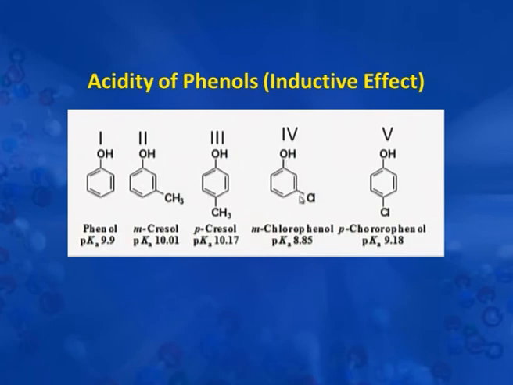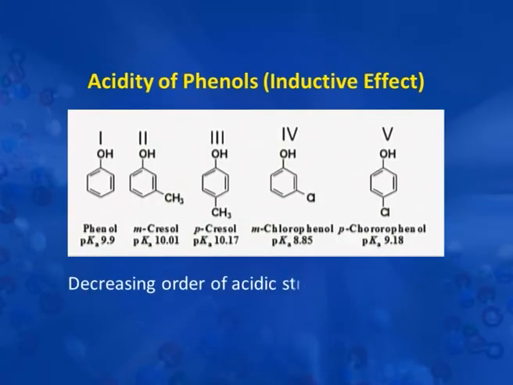Since in case of metachlorophenol the distance is less as compared to parachlorophenol, metachlorophenol shows maximum acidic character, then comes the parachlorophenol, then phenol which does not have any substitution in it. After that it is compound number 2, that is metacresol, and then paracresol, and that is how we decide about the acidic nature of phenol substituted with different plus I and minus I groups.